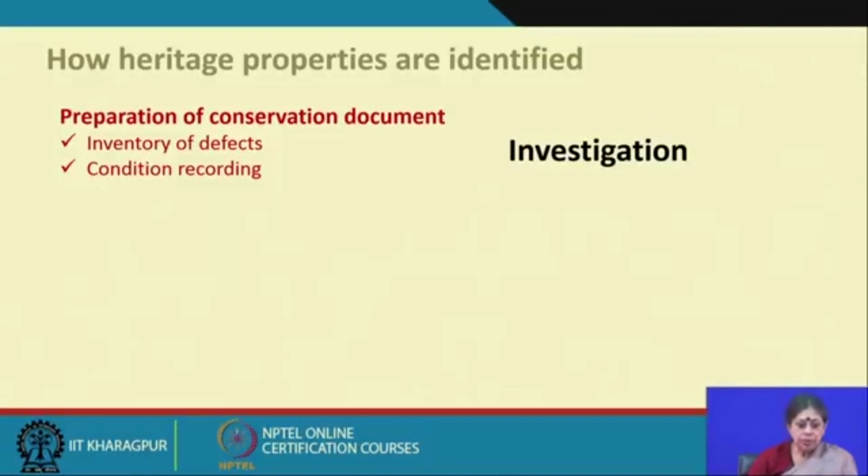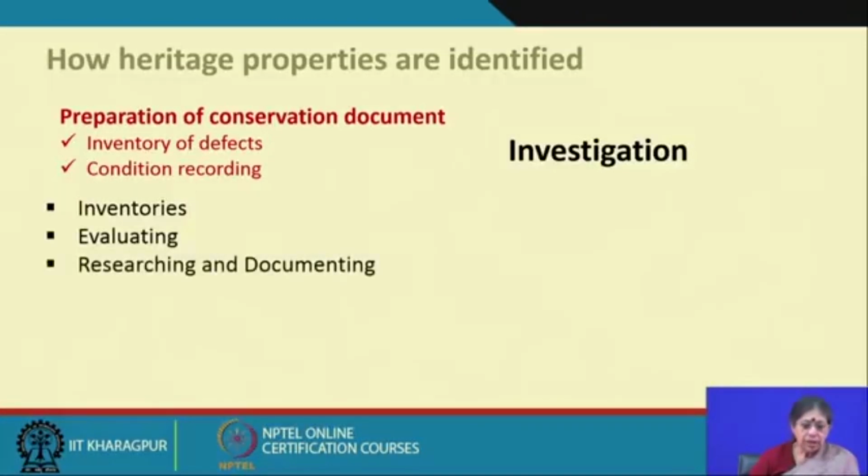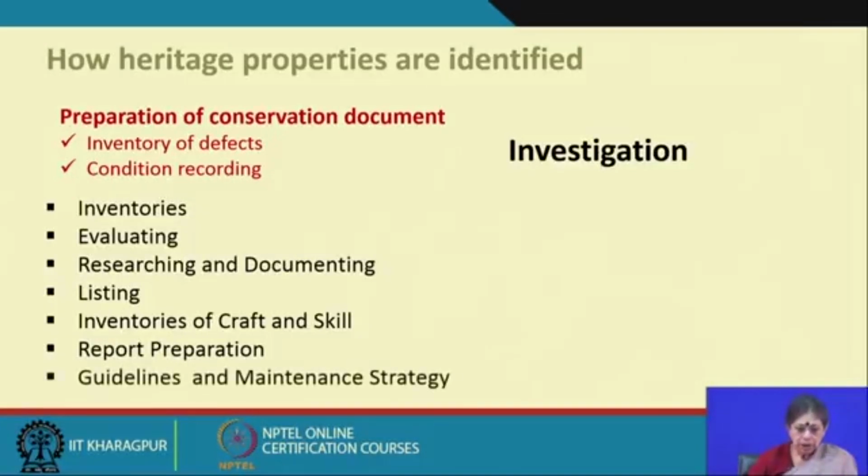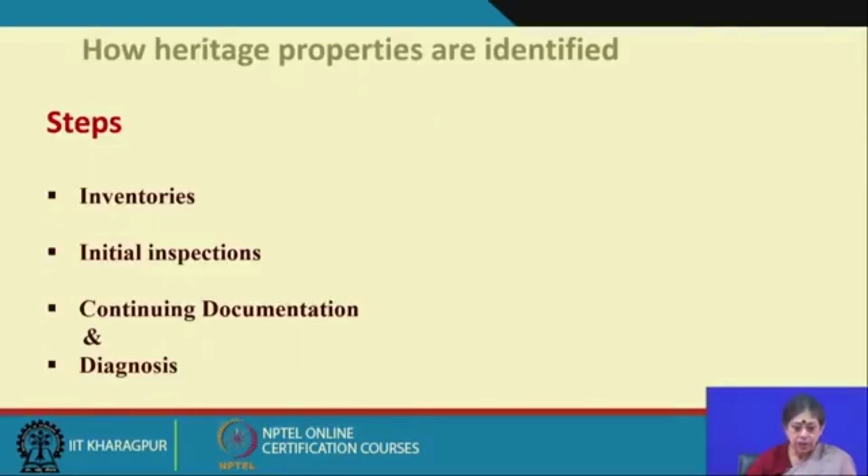The various parts of preparing a conservation document are inventories, evaluating, researching and documenting, listing and inventories of craft and skill, and report preparation. These are very important aspects. We will take them one by one. And also, of course, the guidelines and the maintenance strategy for future action, the short term and long term maintenance strategy.